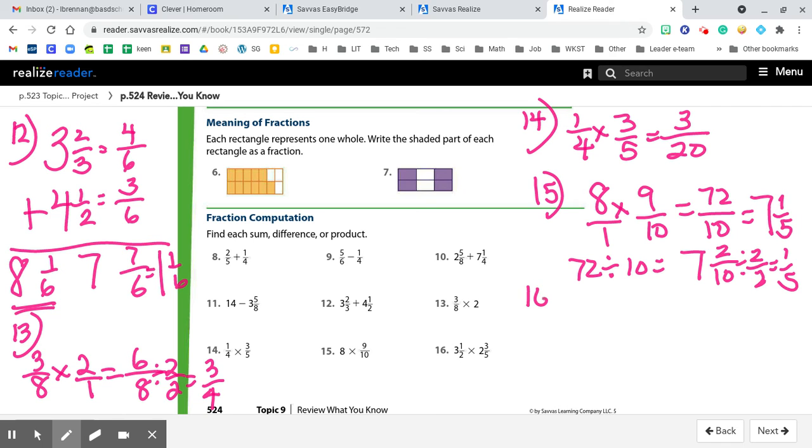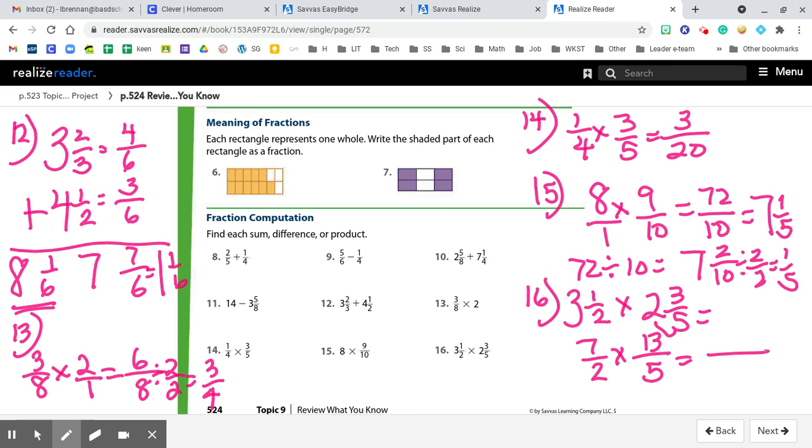Number 16, 3.5 times 2 and 3/5. I'm going to turn those fractions into improper fractions. So 2 times 3 is 6, plus 1 is 7. And I just put my denominator there. 5 times 2 is 10, plus 3 is 13. And I'm going to multiply that out. 7 times 13.